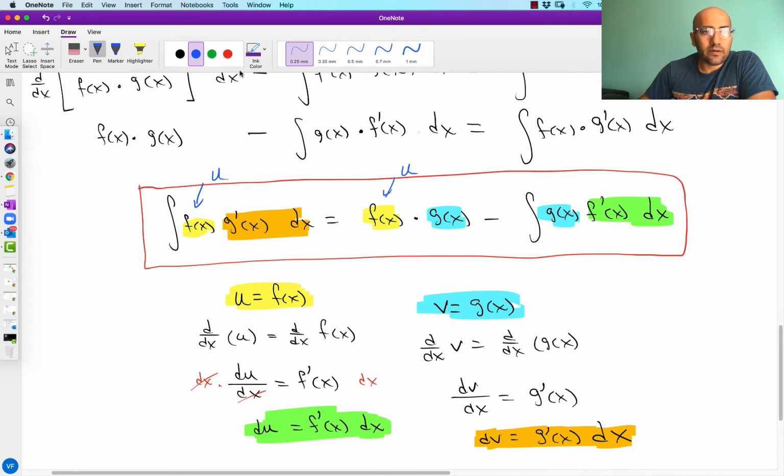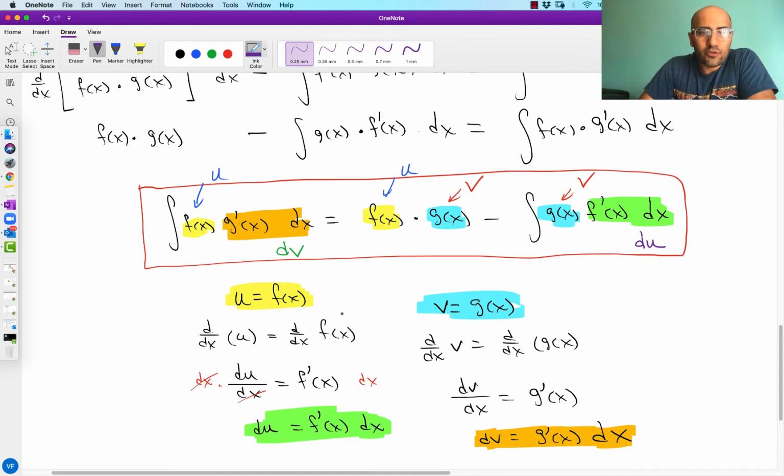Then this is going to be a v, and this is going to be a v. And this is dv, and this one over here is du. This green one, right? du. Okay, colorful enough for you?